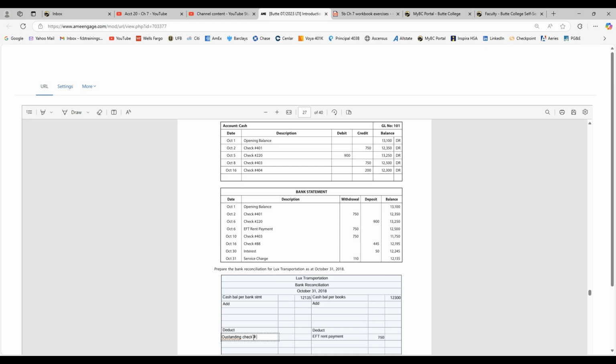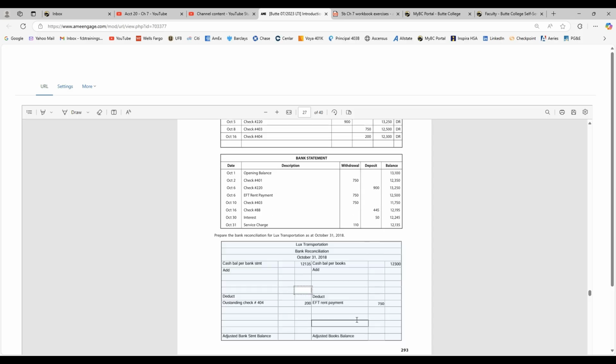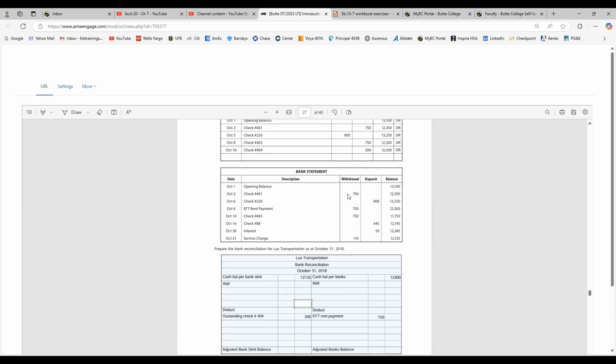Check number 404 for $200. So that's just waiting to be processed by the bank, or taken to the bank by the person you sent the check to. Okay, so we've got the rent payment. Let's see what else is reconciling items here. Those are good. Those are all analyzed.